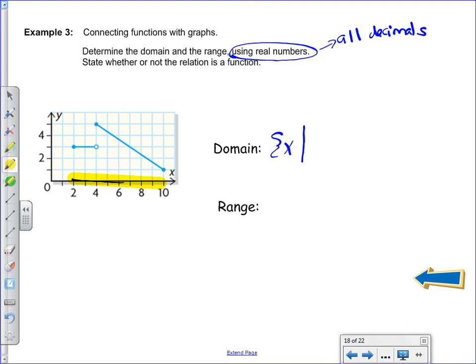What is my lowest value of x? So I'm going to write 2. What is my highest value of x? 10. It will typically be the same.